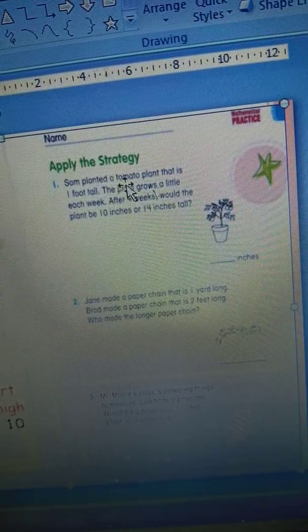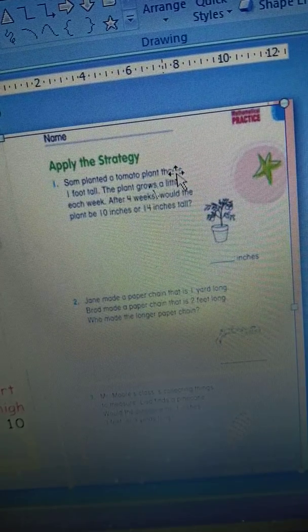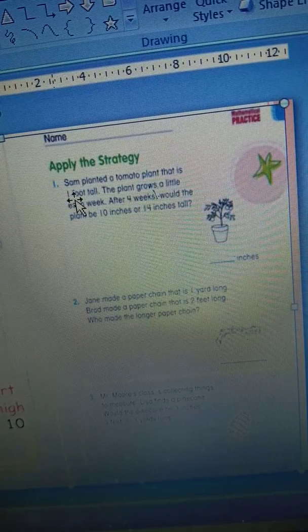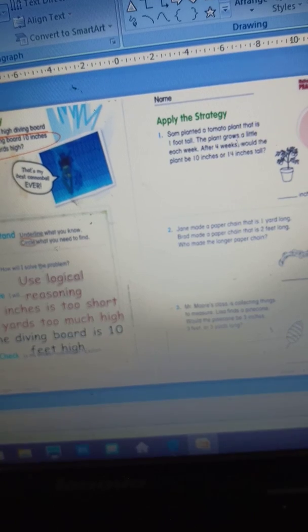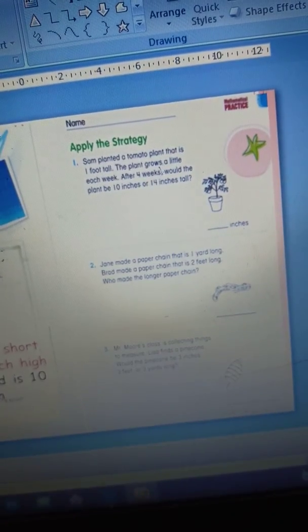Sam planted a tomato plant that is 1 foot tall. So, the 1 foot tall, students, is 12 inches. You have your 12-inch ruler, so you know how high the 1 foot is. The plant is 1 foot tall.